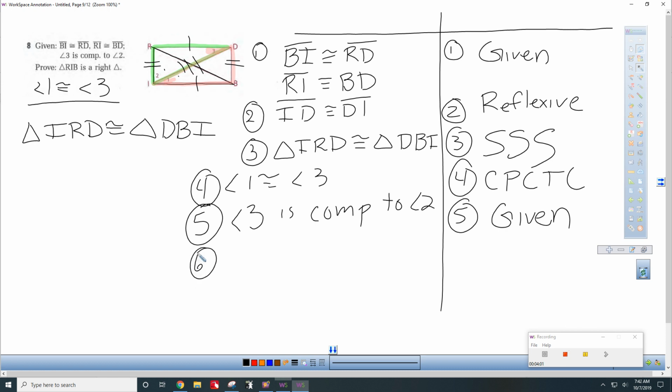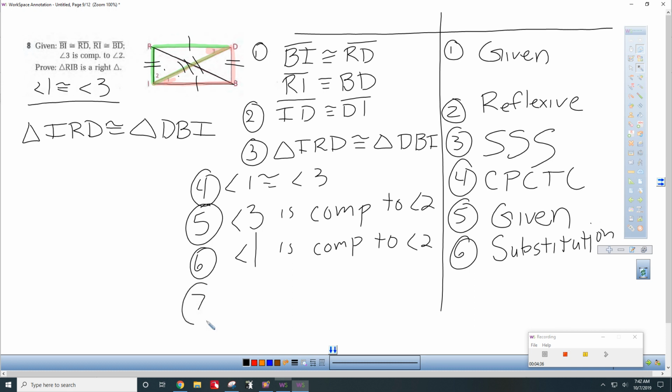Now I can say that angle 1 is complementary to angle 2. What's that, Carson? Substitution. Okay? I took out angle 3 and I put in angle 1. What allowed me to do that? Angle 3 is equal to angle 1.